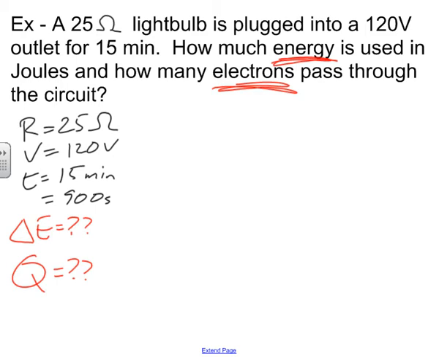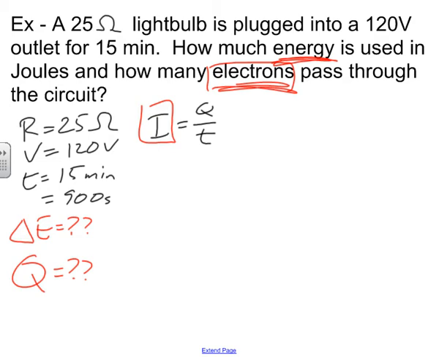We'll try to figure out the electrons part first. Now let's think about what that equation is. That equation is current is equal to Q over T. This means we need current in order to use this formula. We don't have it. How can we figure this out?